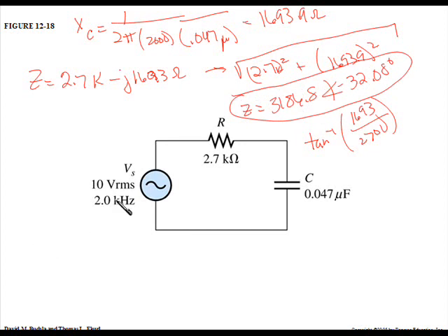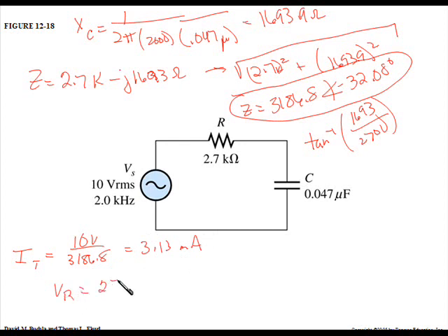To find current, again, it is 10 volts over 3186.8. So that gives me 10 divided by 3186.8, 3.13 milliamps. This time I won't use the angles all the way through.